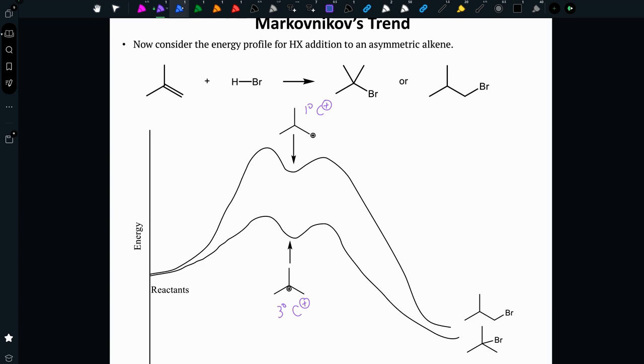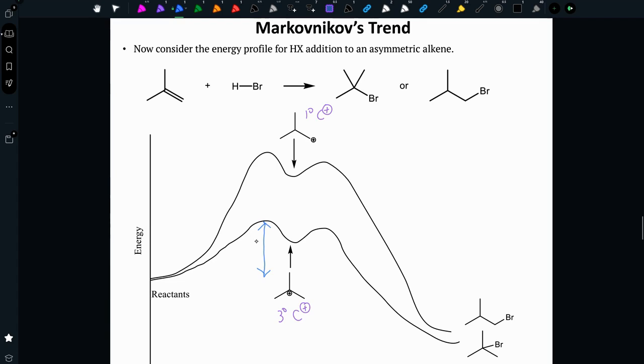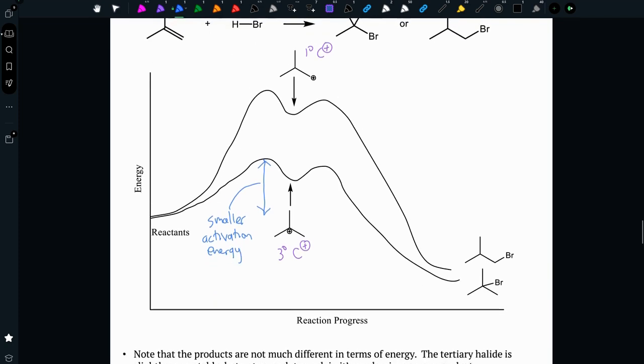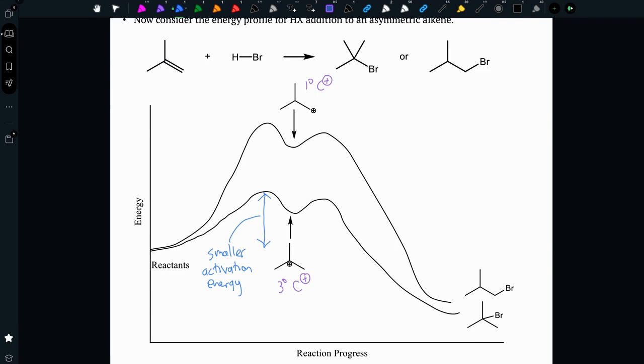Therefore, when I consider the activation energy to form the tertiary carbocation, it is going to be much smaller, and therefore that hill is a lot shorter.